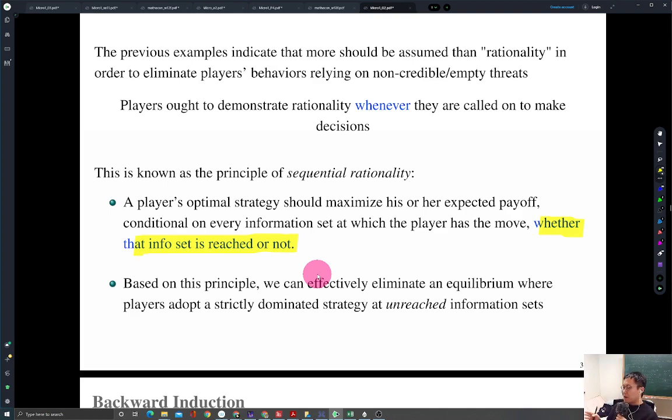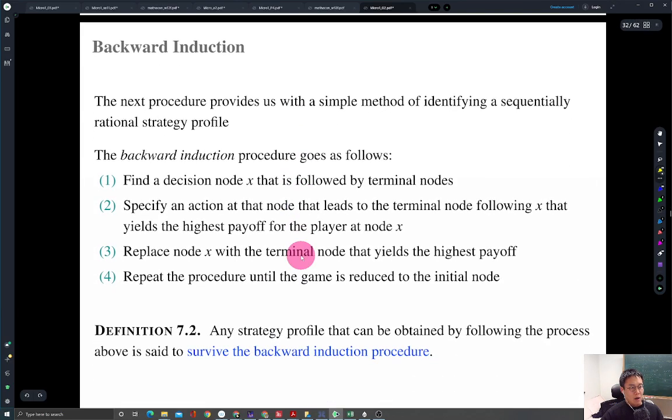That is sequential rationality. Yeah. So it requires, whether that information set is reached or not, we require each player to choose a best response. Okay. And the way to identify such a strategy is twofold. Okay. The first method is backward induction.